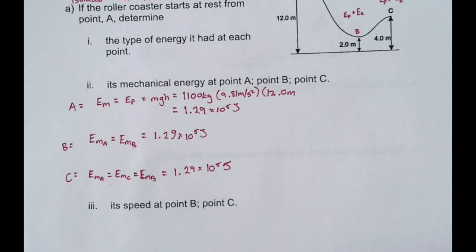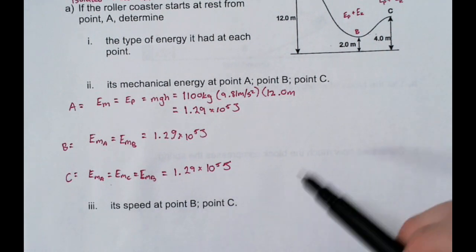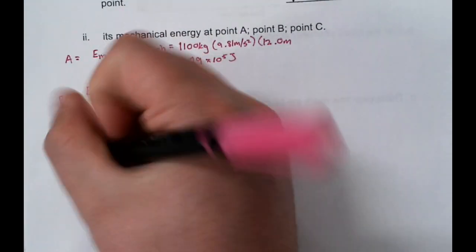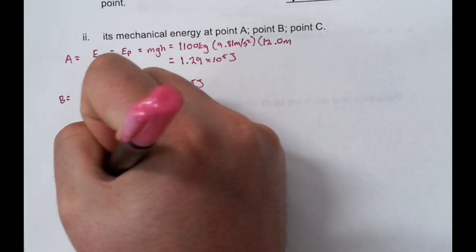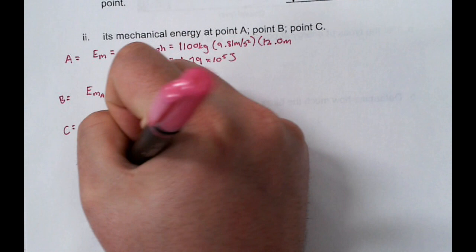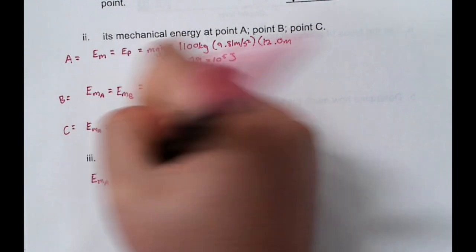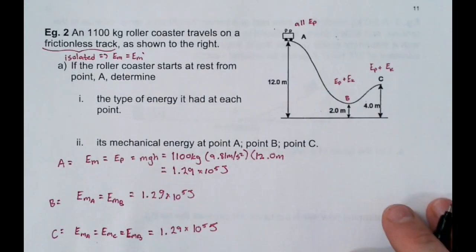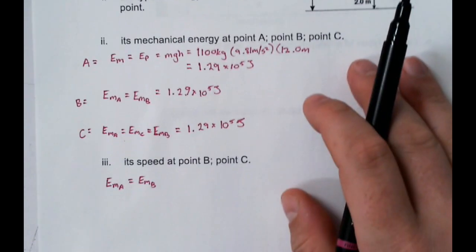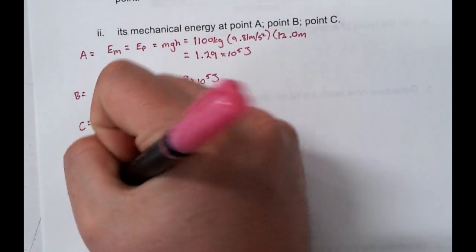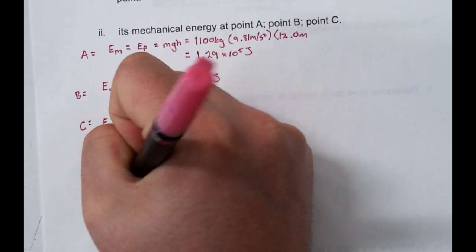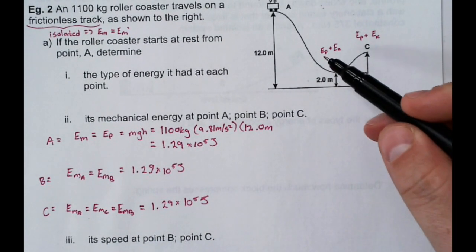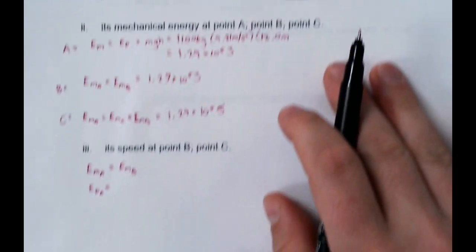Alright, we want to determine though now, what is the speed at point B and point C? So at point B, again, we know the mechanical energy at point A is equal to the mechanical energy at point B. At point A, it was all potential energy. So EP at point A is equal to, at point B, we have potential and kinetic energy.